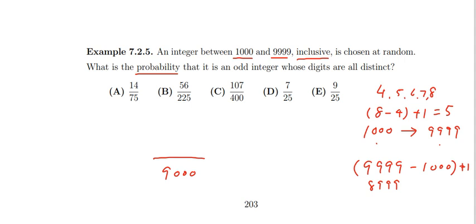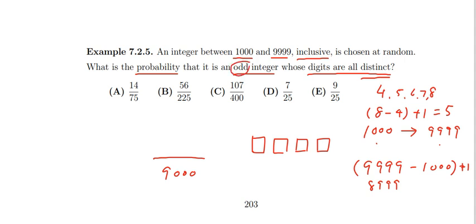So among these 9,000 numbers, how many are odd integers and the digits are all distinct? Those numbers are 4-digit numbers, right? So here we have two requirements: distinct and odd.